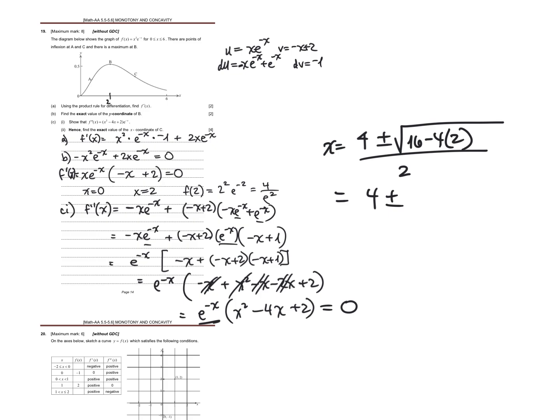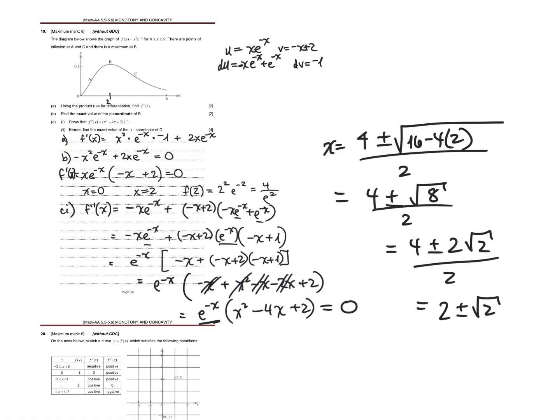So 4 plus or minus 16 minus 8, which is 8, over 2. And then 8 is 4 times 2, so from the 4 comes out a 2. And then we can do 4 over 2 is 2. 2 over 2 is 1. So we know we want the one further along. So it's going to be x is 2 plus root 2.